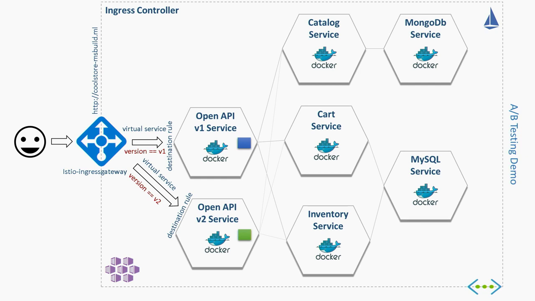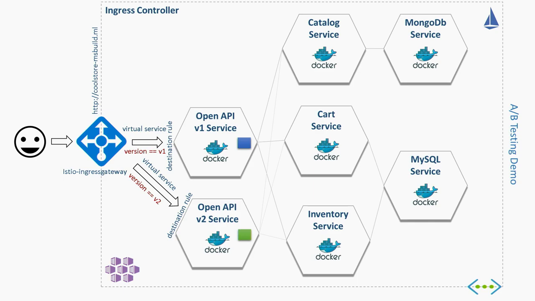We can configure it so that, say, if you have some experienced customers or enterprise customers of your product, you want them to use it first to give feedback. In that case, we can configure it.